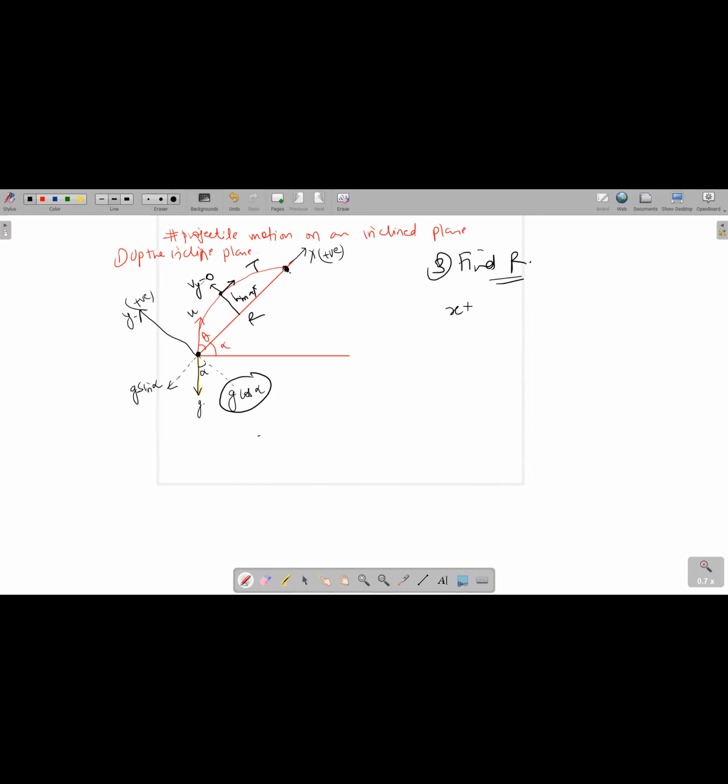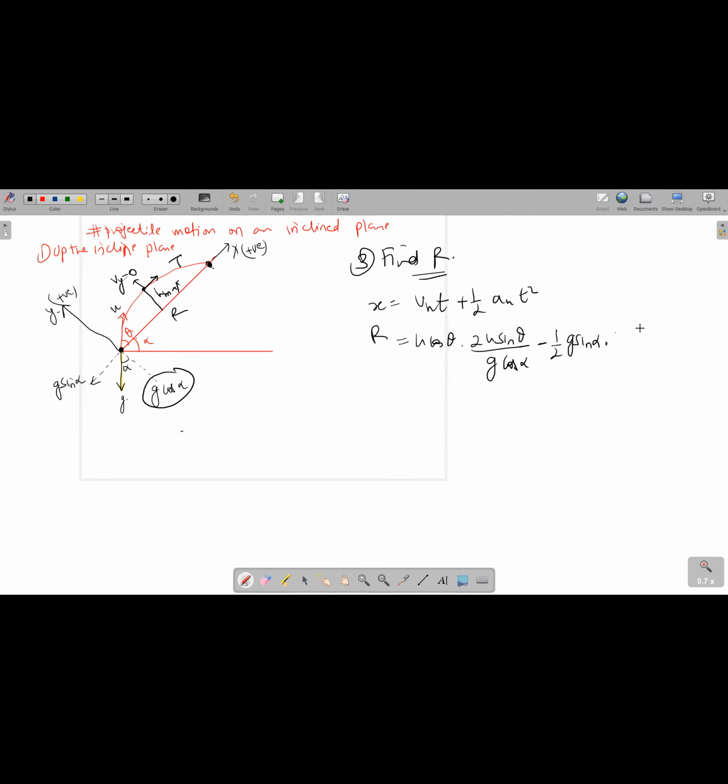How will you find it? Displacement along the x-axis is ux t plus half ax t squared, and your displacement along the x-axis is the range. ux was u cos theta, so u cos theta into T, where T is the total time of flight, which is 2u sin theta upon g perpendicular, that is g cos alpha, plus half ax, but ax is minus g sin alpha, so minus half g sin alpha into T squared.